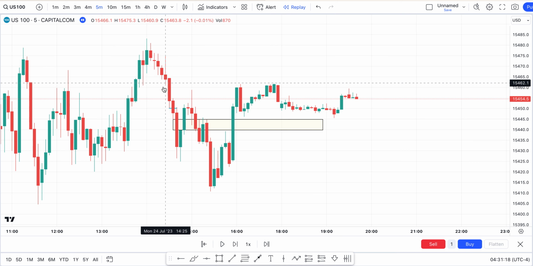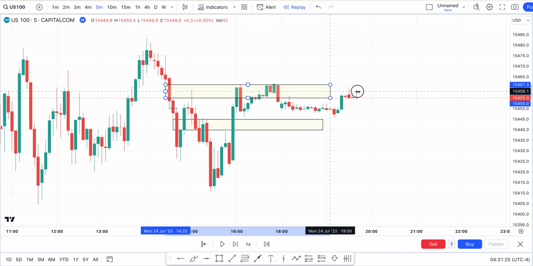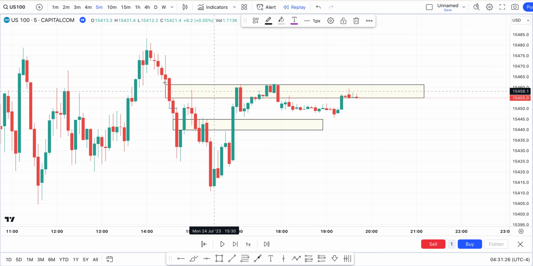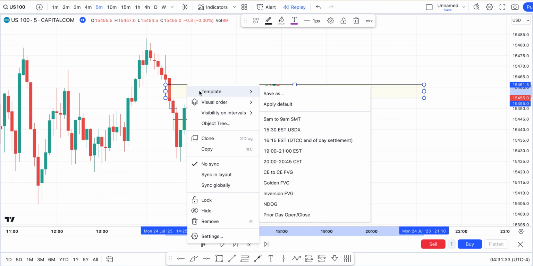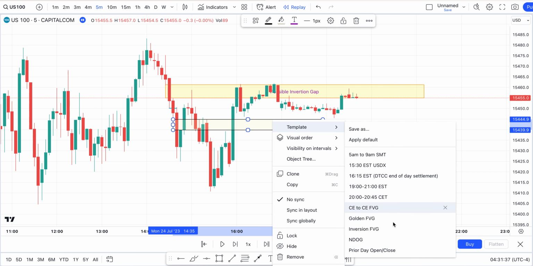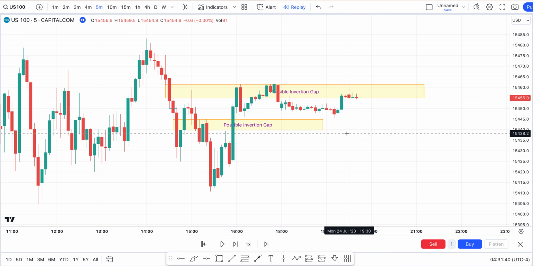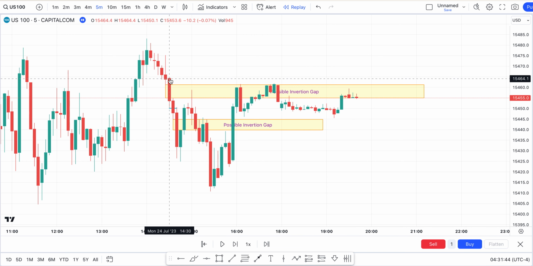I should have marked up this area as well. I'll just do it now. And you see the high of this candle hasn't been taken out yet, so I wouldn't classify it as an inversion fair value gap yet. So once this high gets taken out, then I'll be looking at this area.